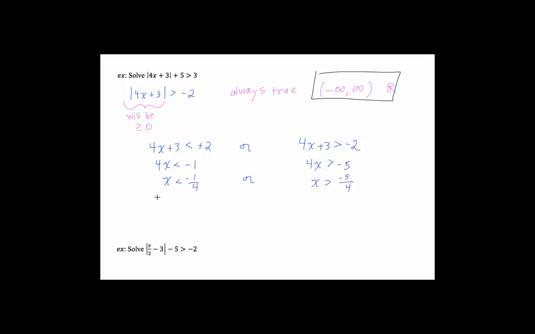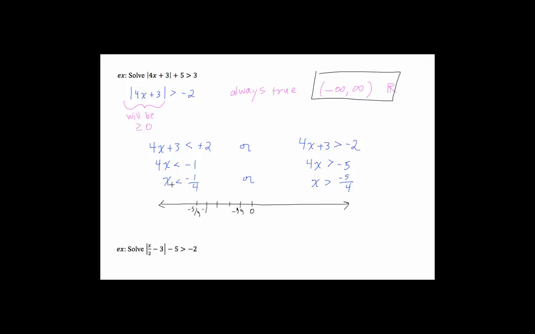Now if you wrote this, that would technically be correct, but it is not in its simplified form, because let's graph these two sets here. Okay, let's see, we're in fourths. Okay, so here's 0. Let's go with 1/4, 2/4, 3/4, 4/4 is 1, 5/4 is right there. Of course, these are all negative.